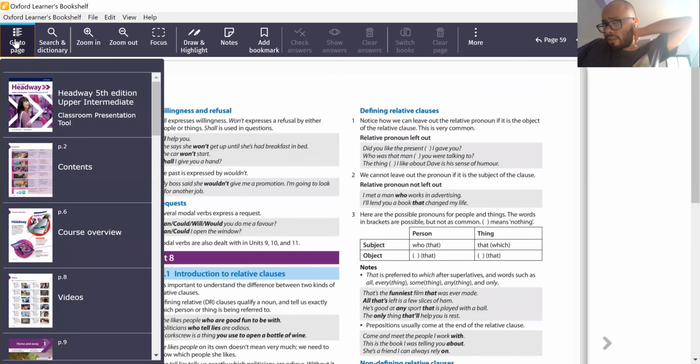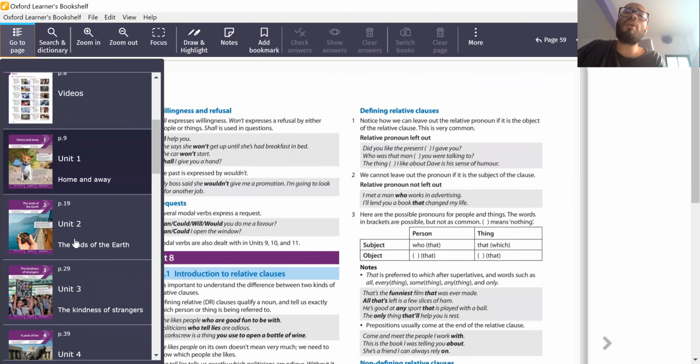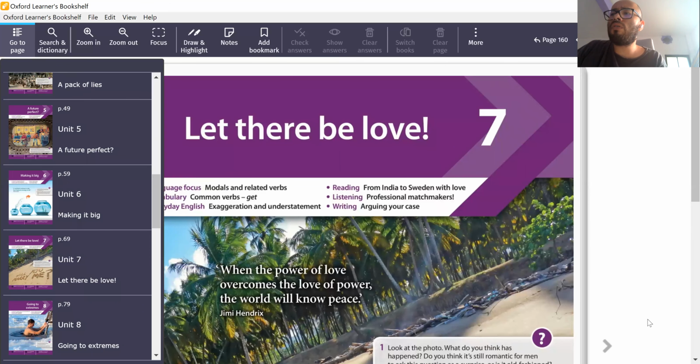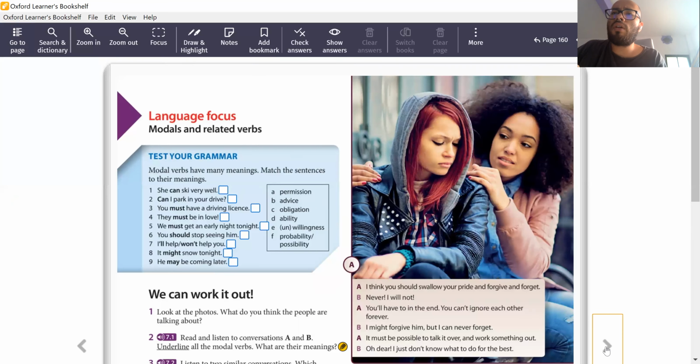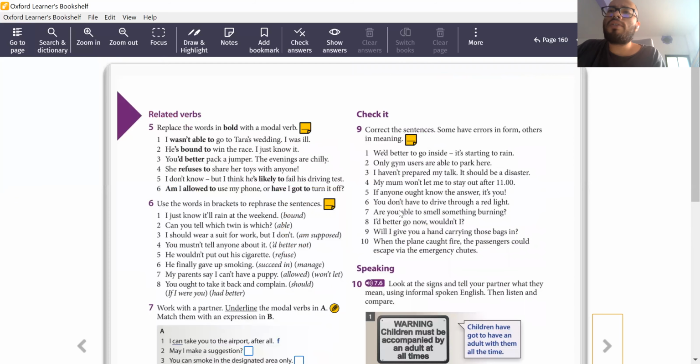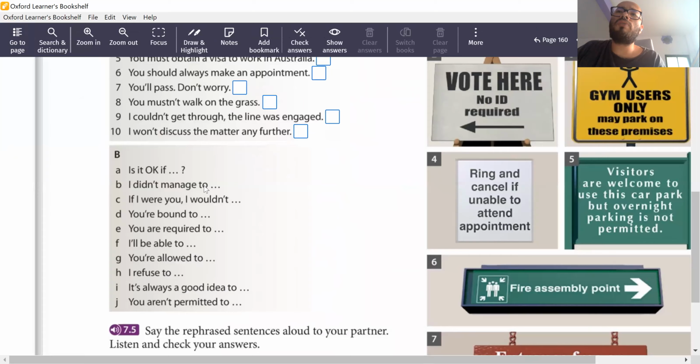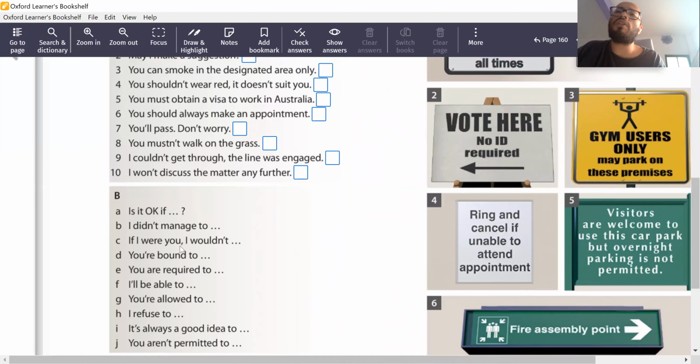And obviously, those are not the only ones. If you go to your book on page 72, you even have more possibilities. Like I didn't manage. If I were you, like suggestion, advice, I wouldn't do that. You are bound to, it's like a synonym of will.